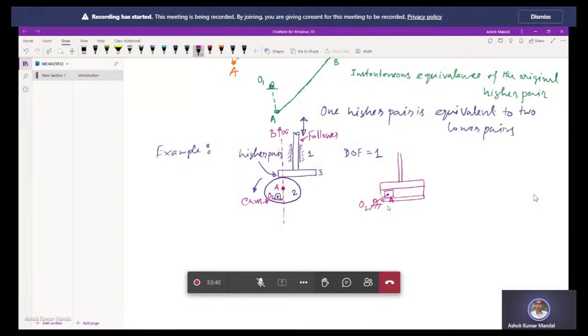So for this case, how many links are there? This is 1, this is 2, this is 3, and this is 4. We have 4 links now. So can we now use the formula for the degree of freedom?